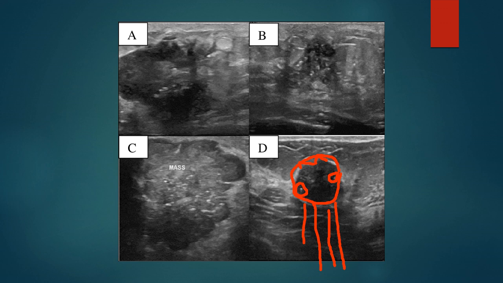Now the rest of them, you're probably thinking, oh my gosh, I don't even really know where the border is. See right here, these are all malignancies. So here's that border. We also have microcalcifications.